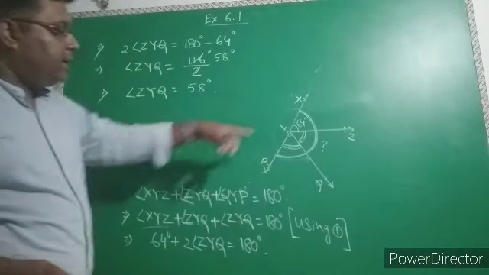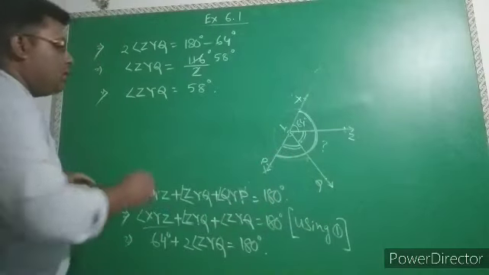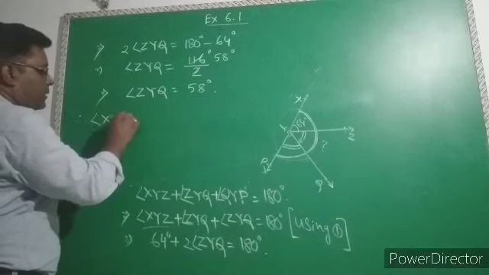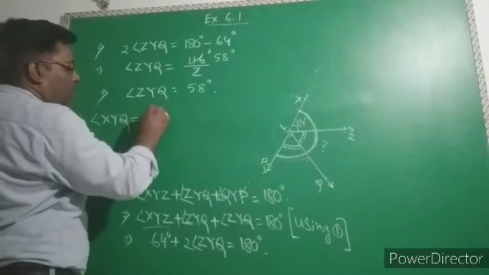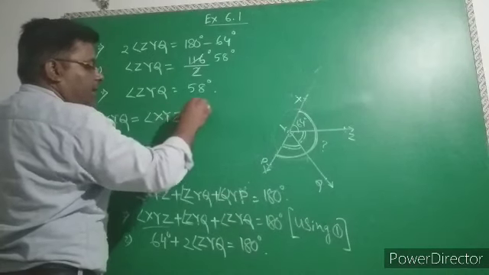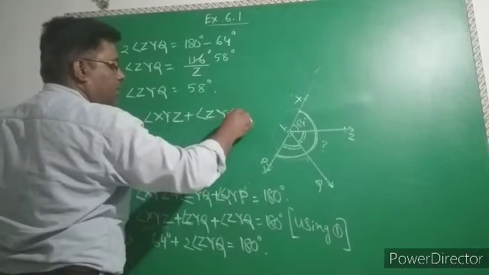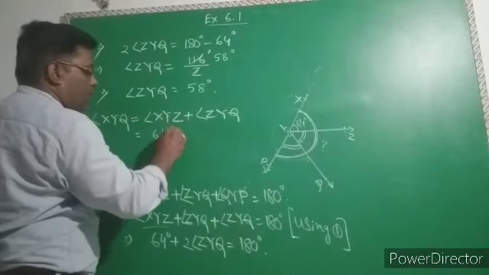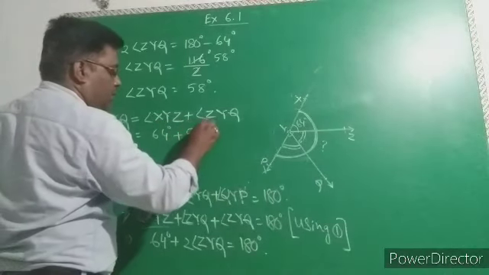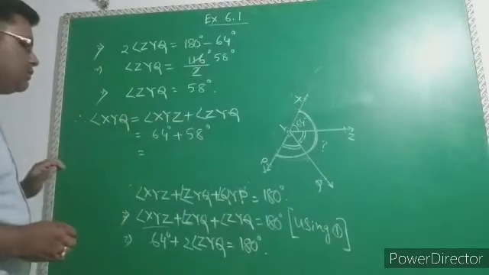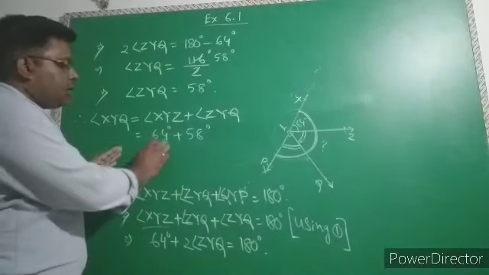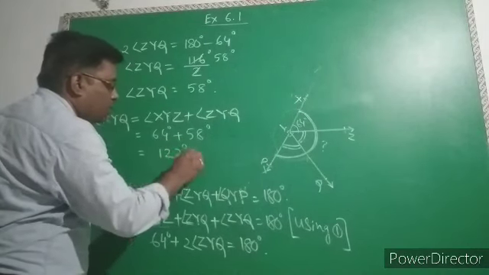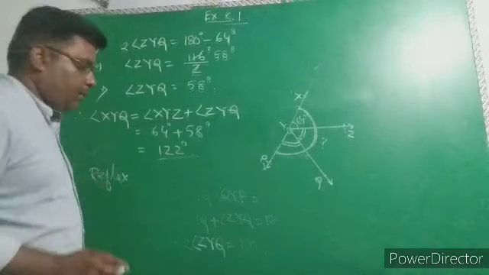Now we need to find XYQ. Therefore angle XYQ is equal to angle XYZ plus angle ZYQ, is equal to 64 plus 58 degrees, so 64 plus 58 is equal to 122 degrees. So this is the answer.